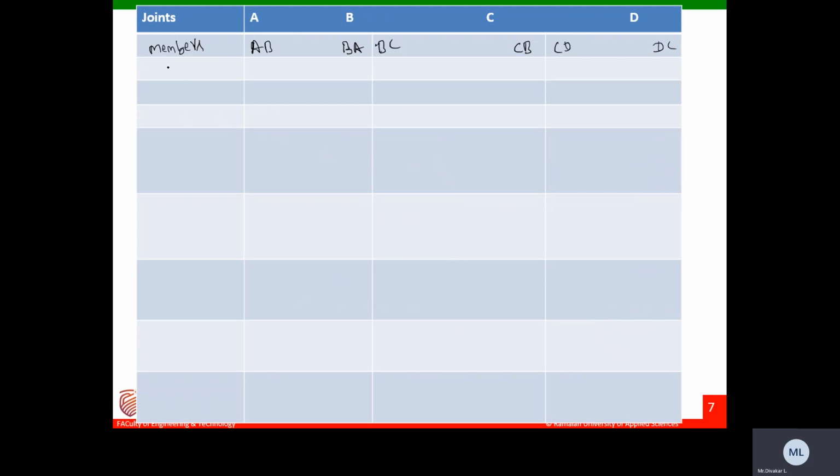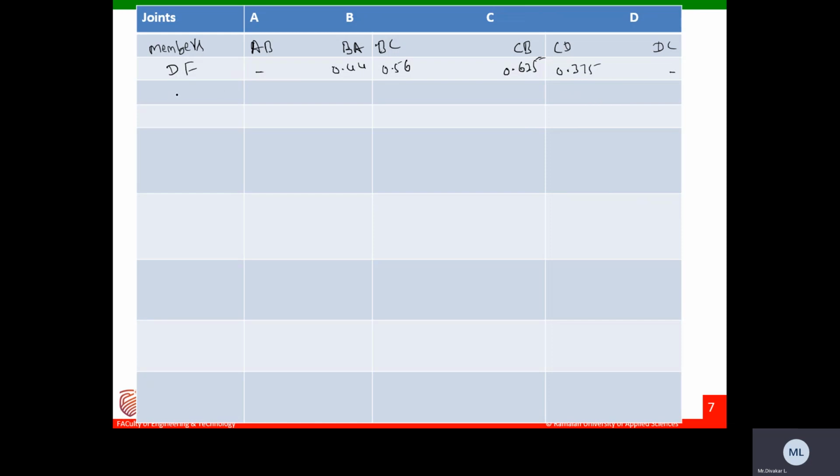Next, write the respective distribution factors. Here BA distribution factor is 0.44, and here it is 0.56. Then 0.625, 0.625, 0.625, and 0.375, 0.375. Okay, these are distribution factors.